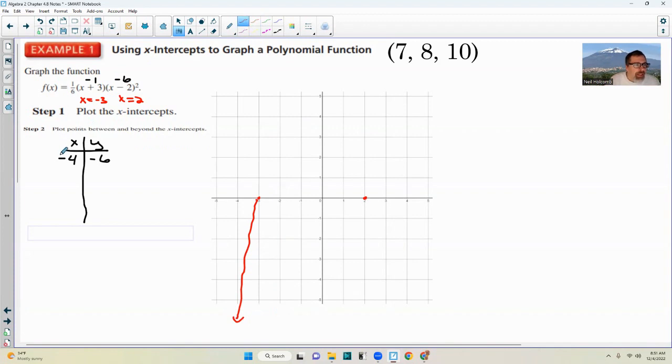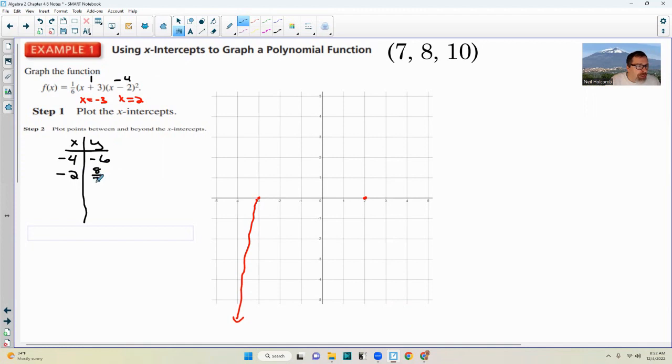And then we don't want to plot -3 because we already know it's 0. So how about -2? I put -2 in my table. Now -2 plus 3 is 1, and -2 minus 2 is -4. -4 squared is 16, times 1 is 16, divided by 6, which is 8/3.